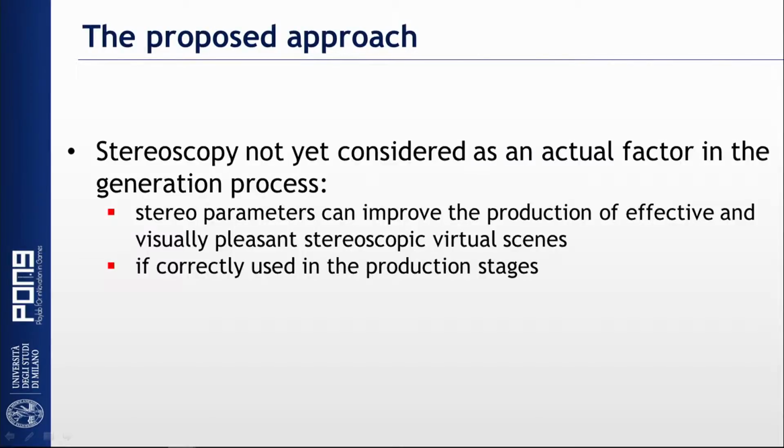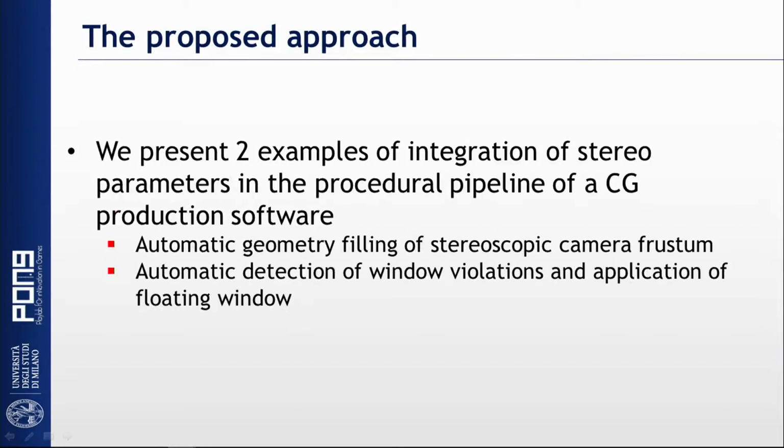Now, in this paper, I try to consider the creation of these kinds of scenes using stereo parameters to rule the creation of the geometry. The idea is to create more effective and more pleasant stereoscopic scenes using the stereoscopic parameters since the beginning of the production stages.